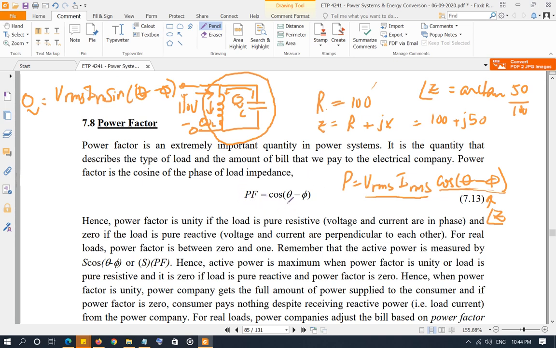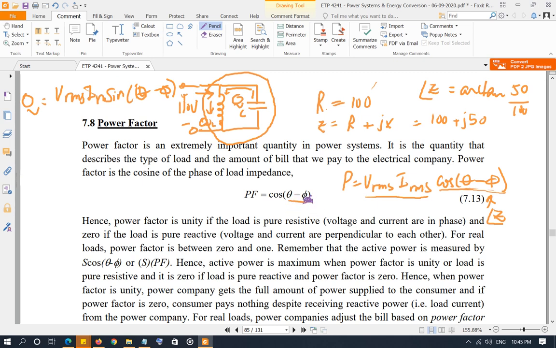So the power factor is basically cosine of theta minus phi, and it gives you an idea, first of all, how inductive, resistive, or reactive your load is. If theta minus phi is 0, your load is purely resistive, so power factor is 1 for a resistive load.